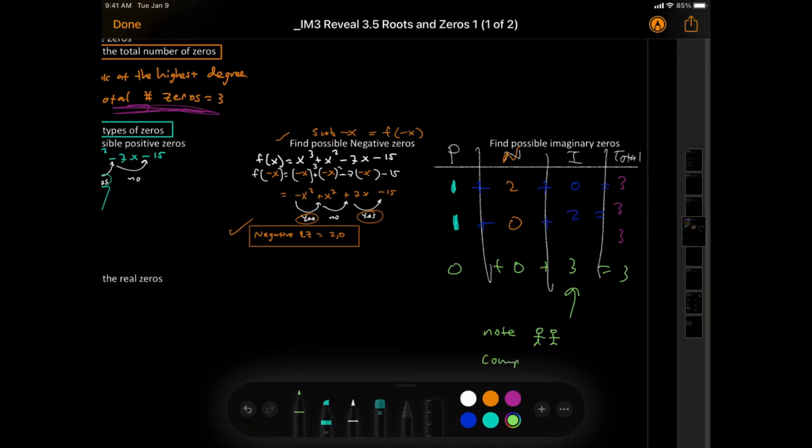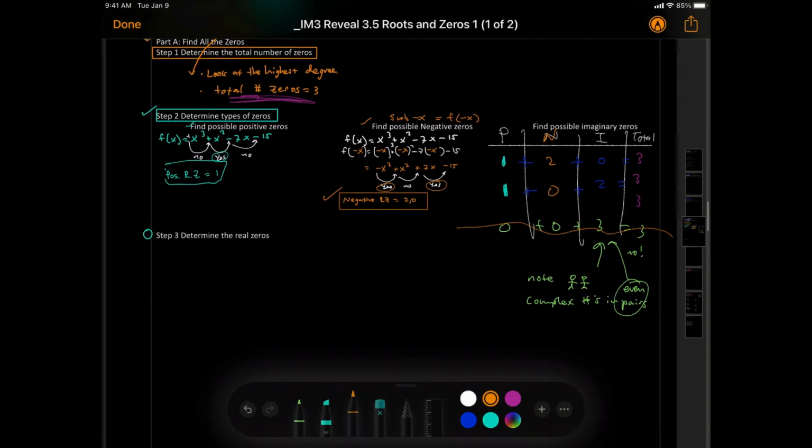Complex zeros come in pairs. And pairs is 2s or evens. Does this make sense? So you can't have this. No. So we'll just cross it off like that. Okay, so that's what we have here.